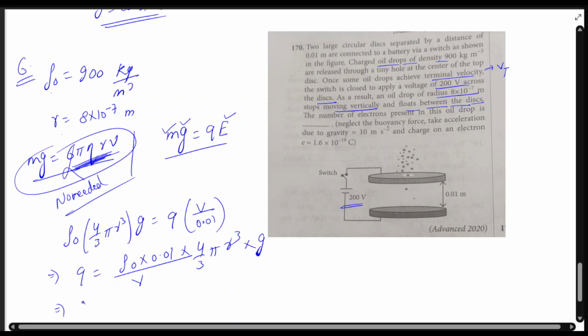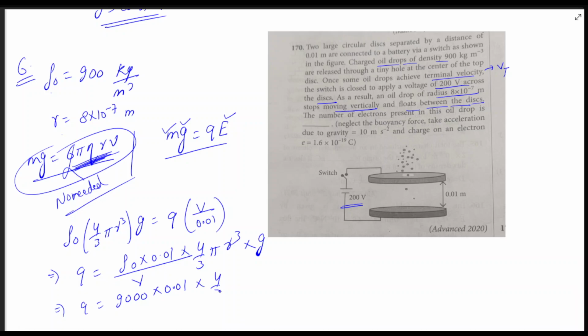So we just have to solve this. It's an easy one. So it's 900 into 0.01 into 4 by 3 into 22 by 7 we can write. Okay, no issues. r cube, so it will be 8 into 8 into 8 into 10 to the power minus 7 into 3, it will be minus 21. g we can take 10. And voltage is 200, right? Perfect.